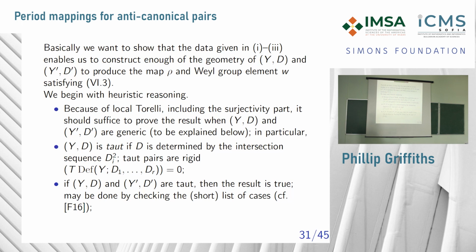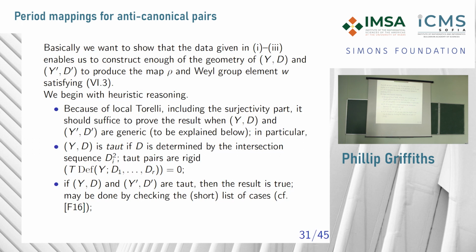Just a general statement: if you have two smooth algebraic varieties, not compact, and a morphism between them, which when you take out a countable union of subvarieties is one-to-one, then it's globally one-to-one. If it's locally one-to-one, it's globally one-to-one. So it's enough to prove the Torelli for taut pairs, that is, it's enough to prove when these are generic.